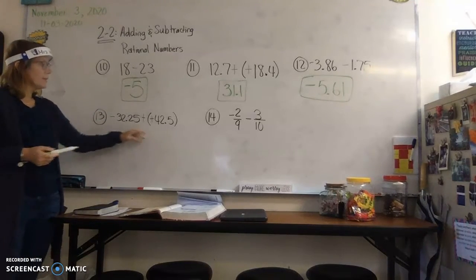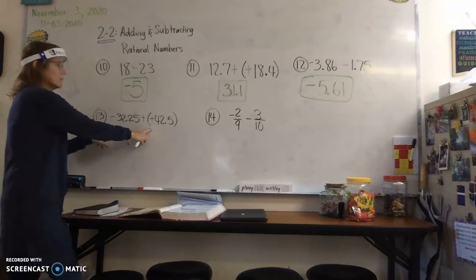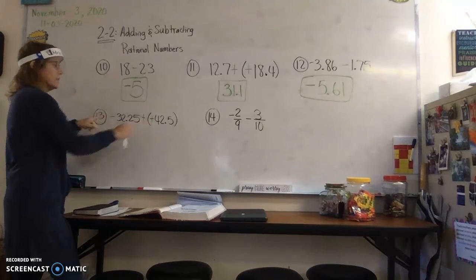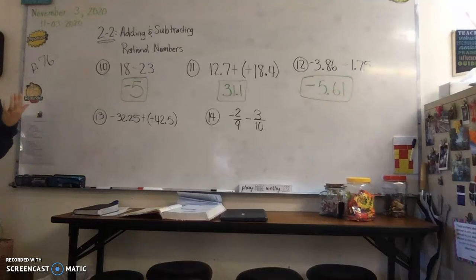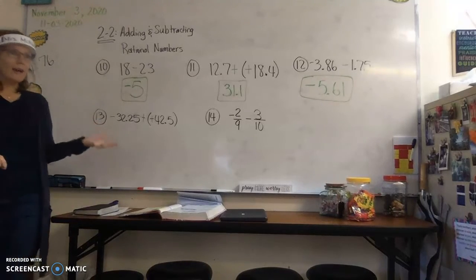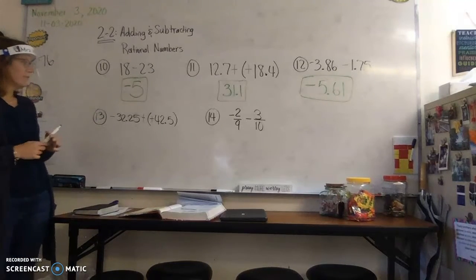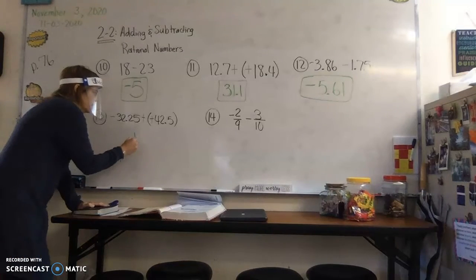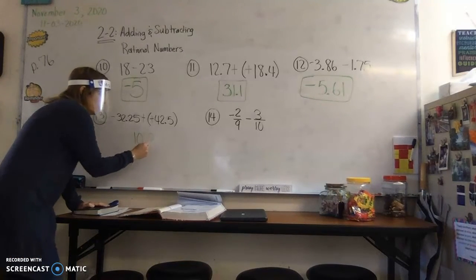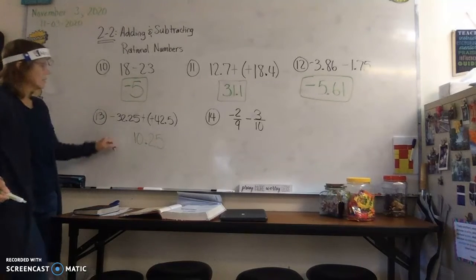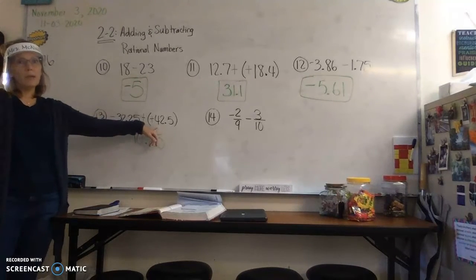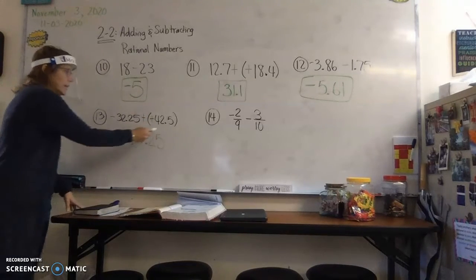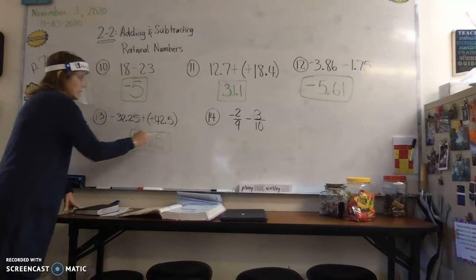And now, are my signs the same or different? Different. So I'm going to do what? Subtract the two numbers. What is 42.5 minus 32.25? 10.25, but the answer takes the sign of the bigger number. 42 is bigger than 32, and 42 is positive, so my answer is positive this time.